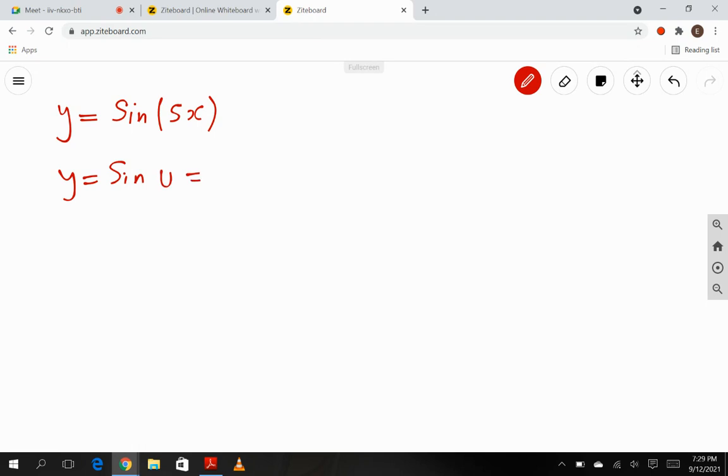sine u. So we know u is 5x in this case, isn't it? So differentiating the sine, we are going to get cos u, okay, because remember the u doesn't change in the first part.